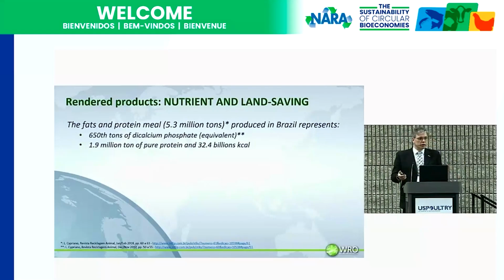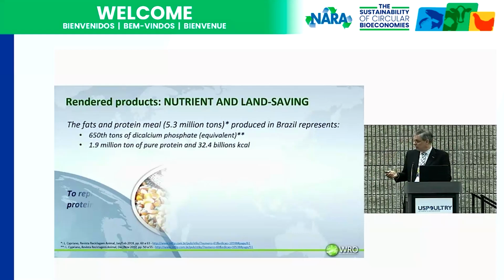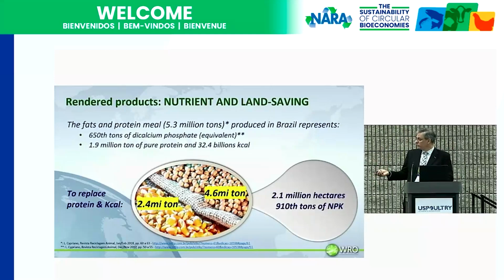Let's suppose that we use 100% of our production in poultry nutrition, as poultry feed. What does it mean? To replace it, we would have to crop 2.4 million tons of corn, 4.6 million tons of soybean meal, just to replace the amount that we render yearly.